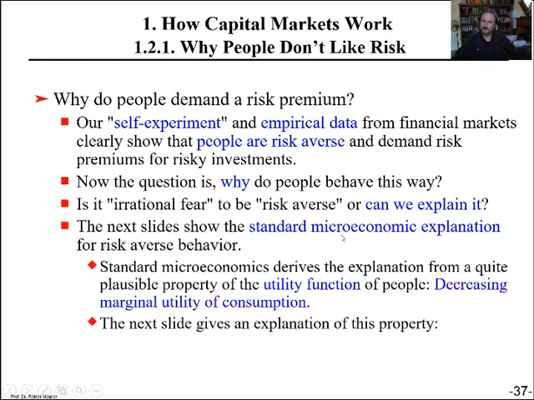Standard microeconomics derives the explanation from a quite plausible property of the utility function. This property is called decreasing marginal utility of consumption. The next slide gives an explanation of this property.